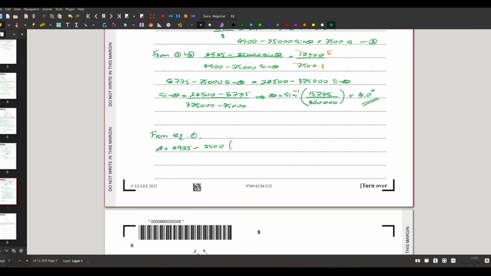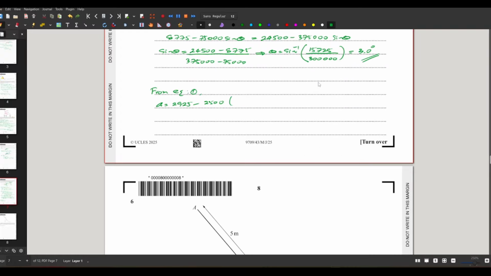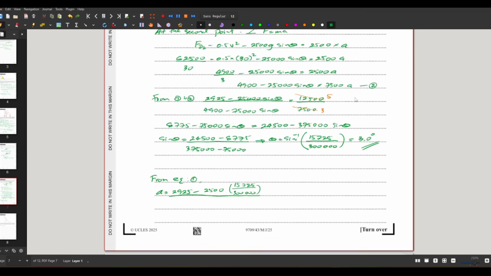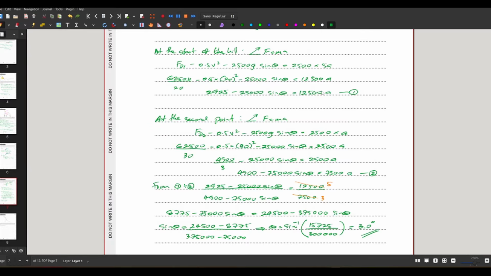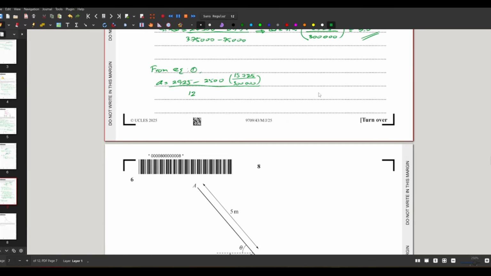Here you can from this, so sine inverse is this one. So sine theta is 15,725 divided by 300,000. Okay, and then divide by this one, 12,500.